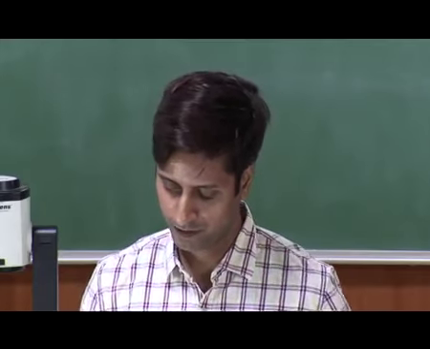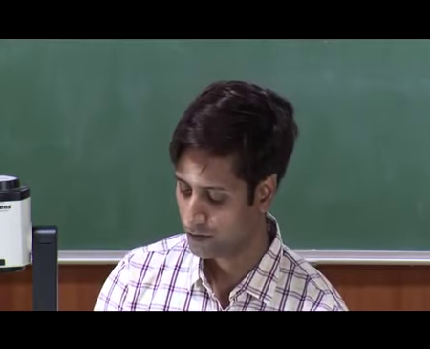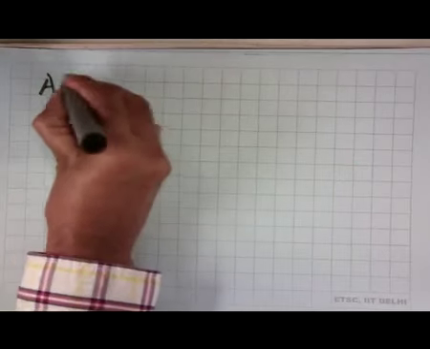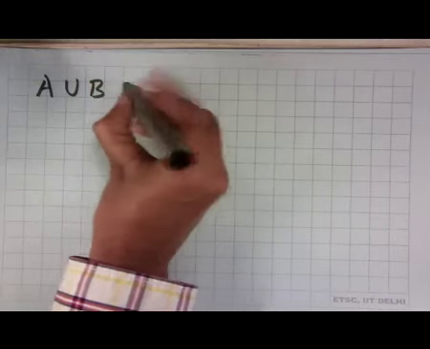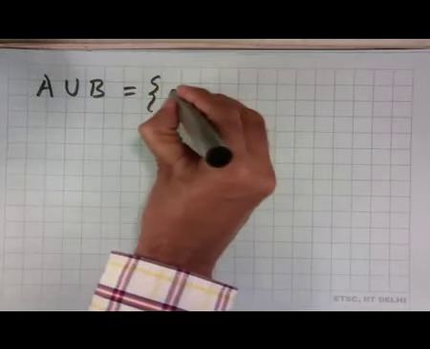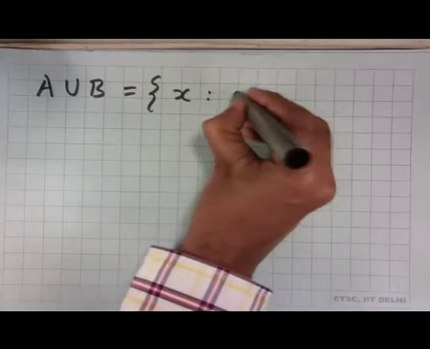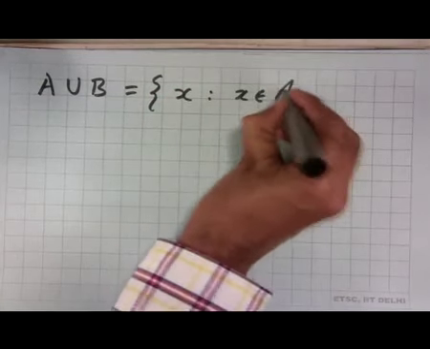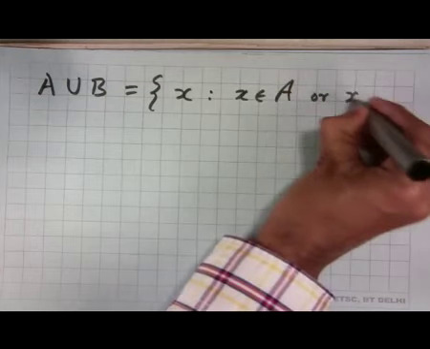So, let me write this notation. So, A union B is the set of all x such that x belongs to A or x belongs to B.